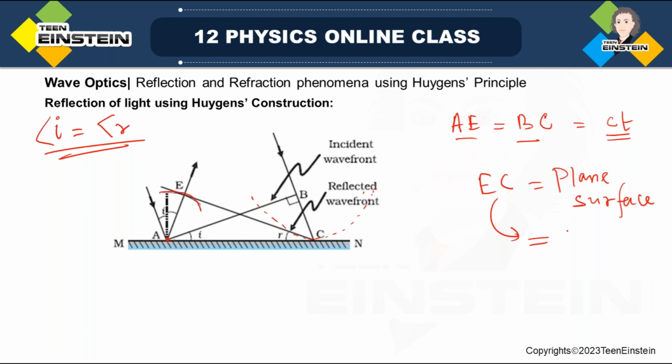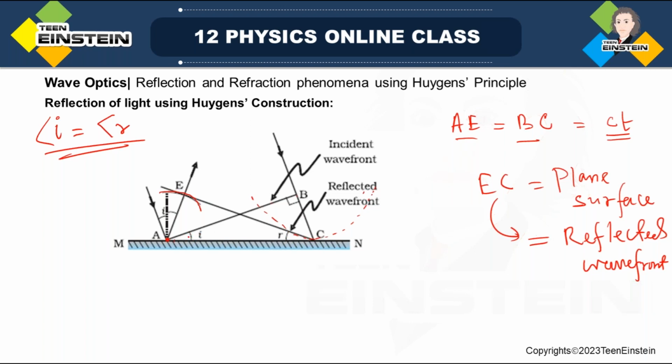Now we have to show that the reflected wavefront is making an angle r, and the incident wavefront is making an angle i.